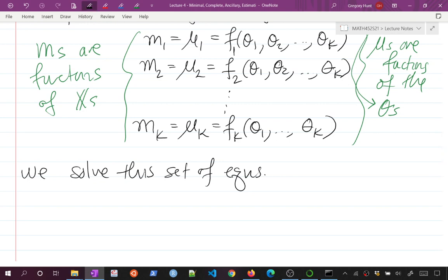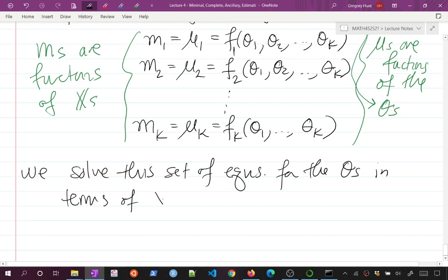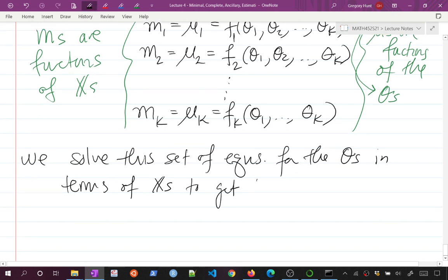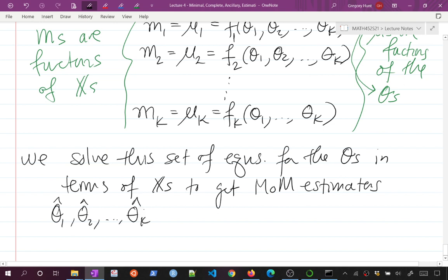And we solve this set of equations for the thetas in terms of the x's to get our method of moments estimates, or estimators, theta 1 hat, theta 2 hat, and so on up to theta k hat.